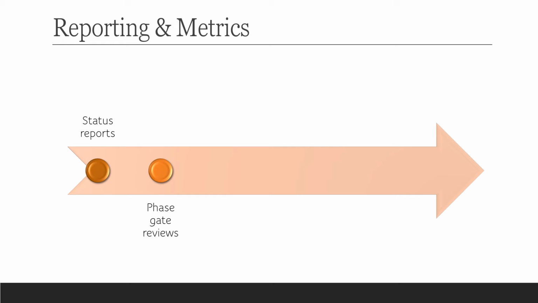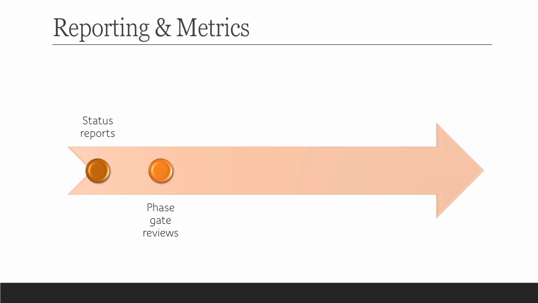Now, phase gate reviews or stage gate reviews. Within every delivery framework is something called a project life cycle. We just looked at PRINCE2, we looked at Managing Successful Programmes, we looked at even the Scrum framework.